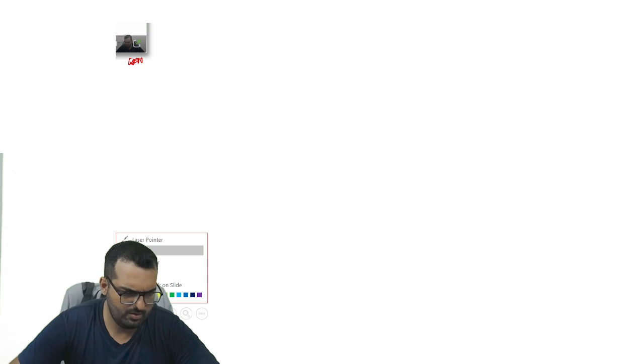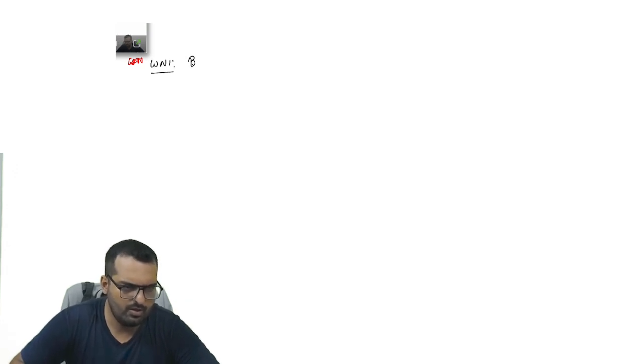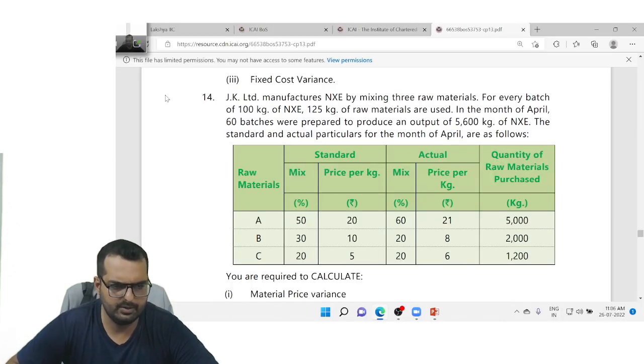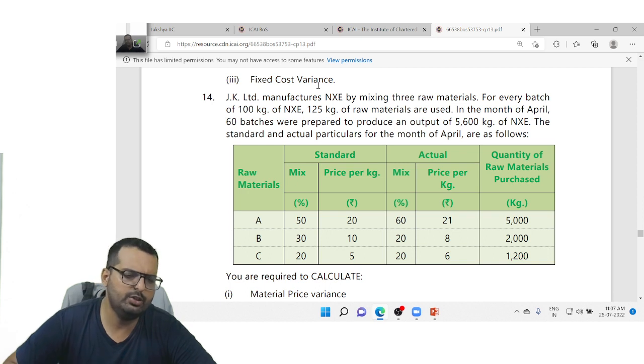All right, I'll write down working note number 1. Working note number 1, basic data. All right. So here what you can write down is for every batch of 100 kg, 125 kg of raw material is used.